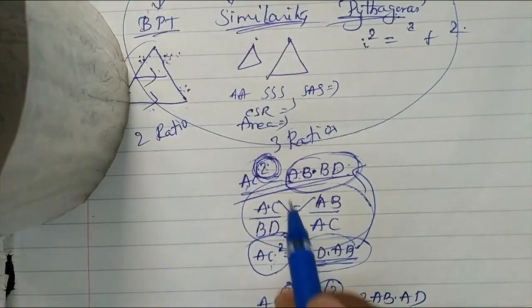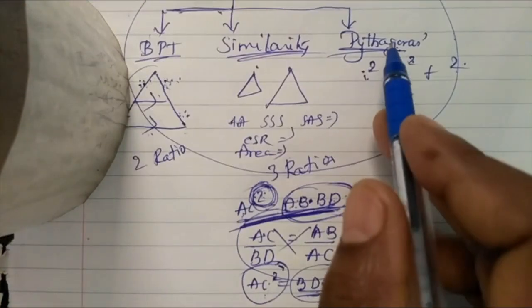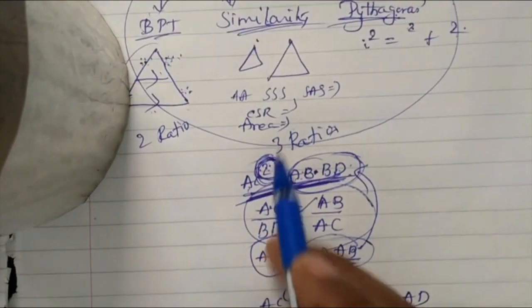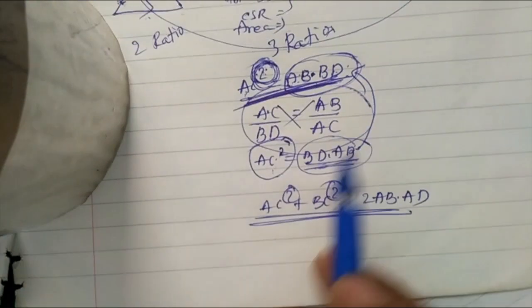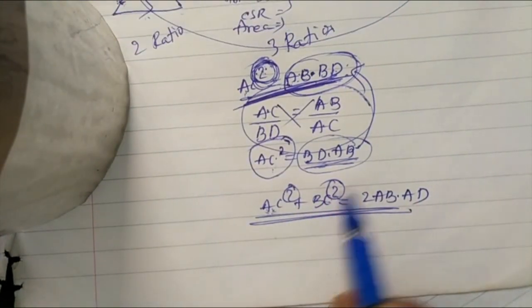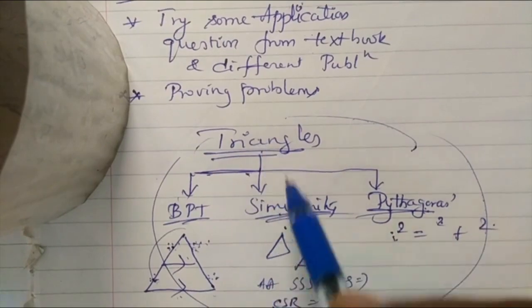In the similarity concept we obtained this kind of result twice, then we added and proved the Pythagoras theorem. Understand, this single squaring is not giving you the Pythagoras theorem, so it is similarity only. Sure, when two terms are squared, then you can try using the Pythagoras theorem. That is the brief about the whole triangle chapter.